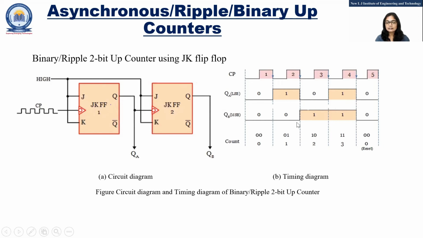This QB will change its state from 0 to 1 whenever the previous output changes its state from 1 to 0. At the negative edge, this will change its state.